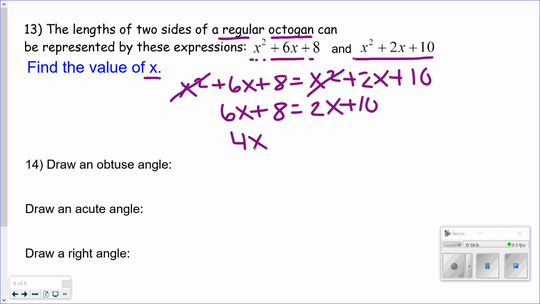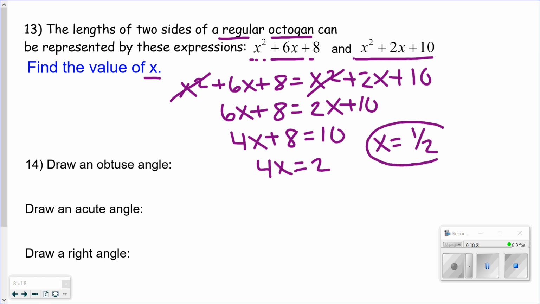This then becomes 4x plus 8 is equal to 10. Subtract 8 from each side. 4x is equal to 2. Divide by 4. x then is equal to 1/2. And I'm done. So I would accept 1/2, or if you wrote 0.5, that would also work.